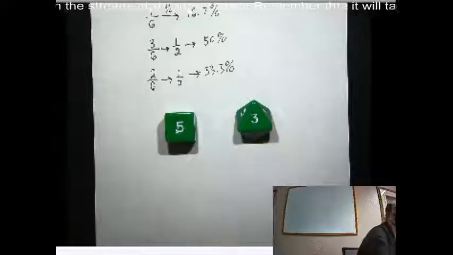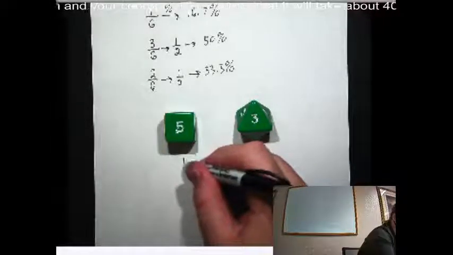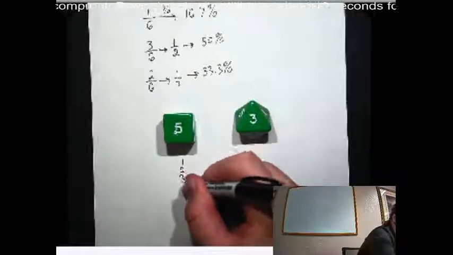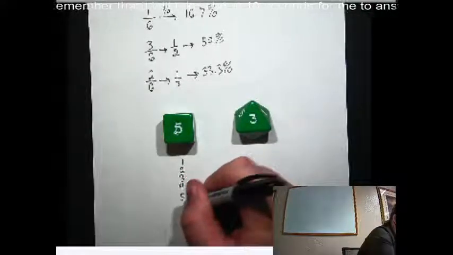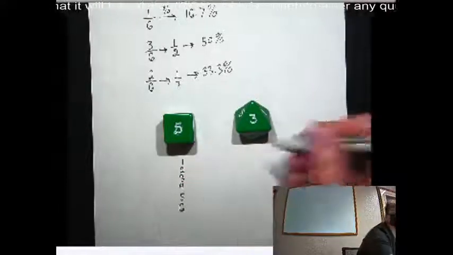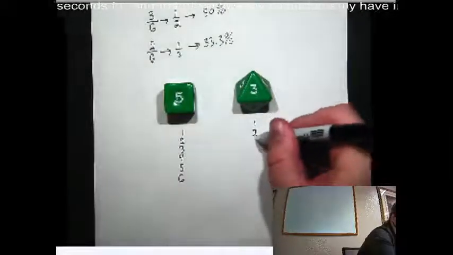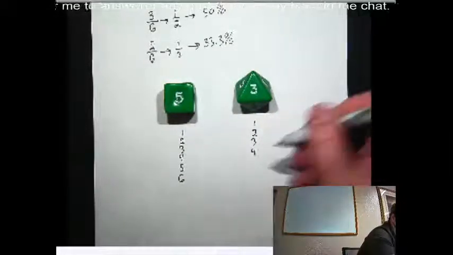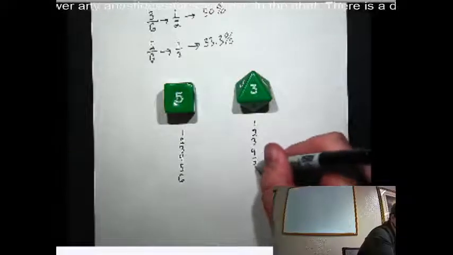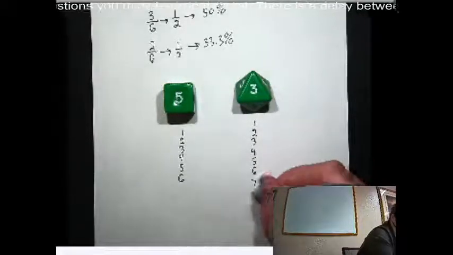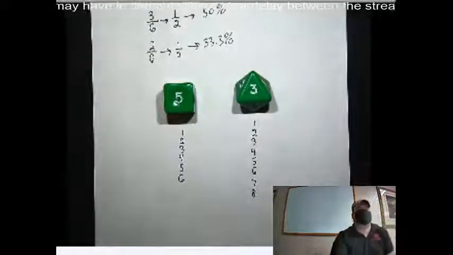True, this one has 6 outcomes. We can get a 1, 2, 3, 4, 5, or 6. This one has 8 outcomes, 1, 2, 3, 4, 5, 6, 7, 8.